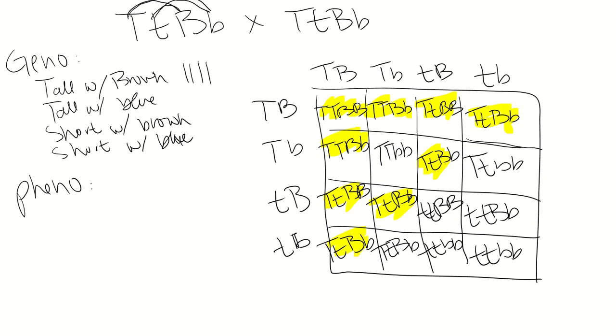Here's tall and brown. And here is tall and brown. Okay, did we get them all? So that brings us to 1, 2, 3, 4, 5, 6, 7, 8, 9, 10. Oop, I don't think that's right. We should have 9.